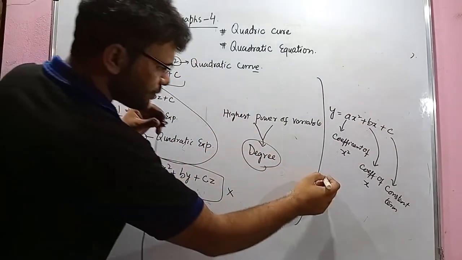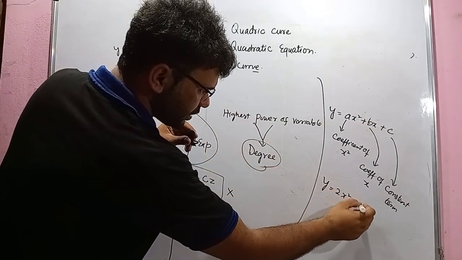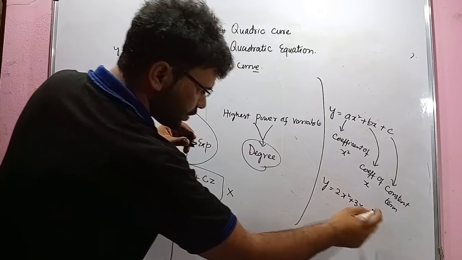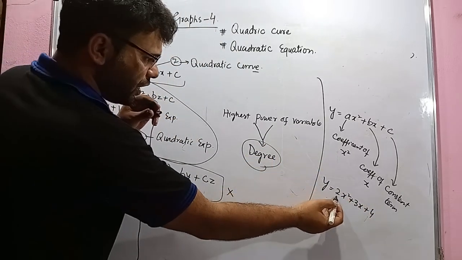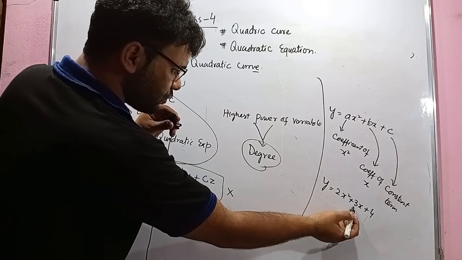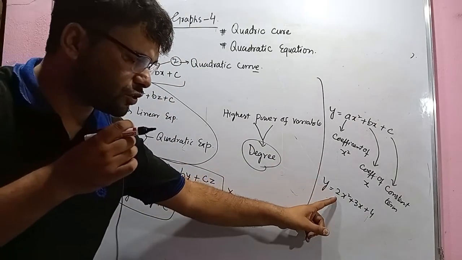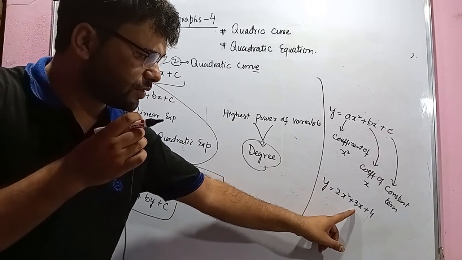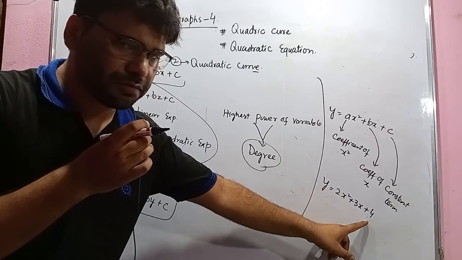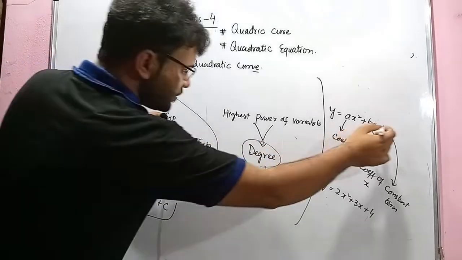If I have an example like y is equal to 2x square plus 3x plus 4, the value of a is 2, the value of b is 3, the value of c is 4. So here the coefficient of x square is 2, the coefficient of x is 3, and the constant term is 4.